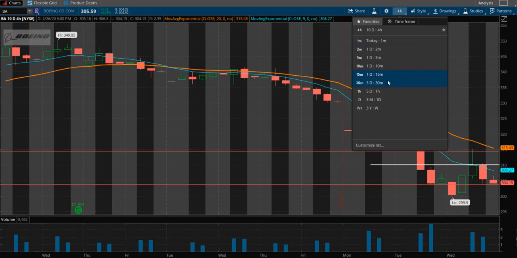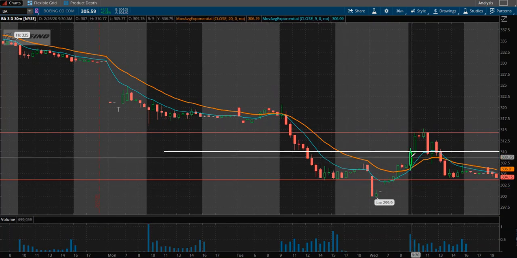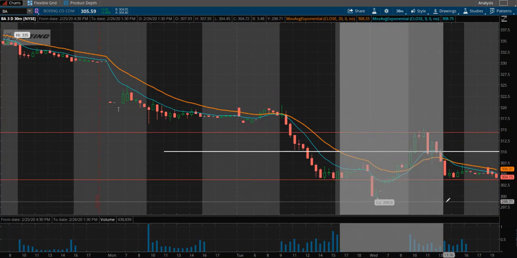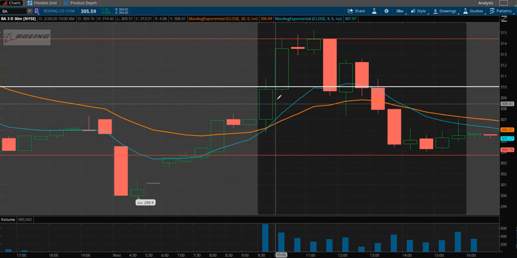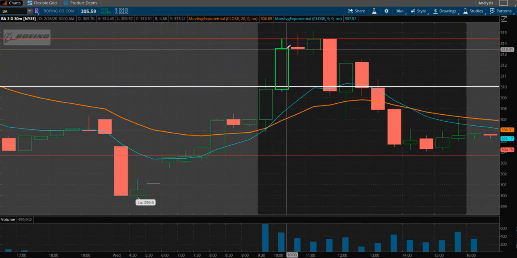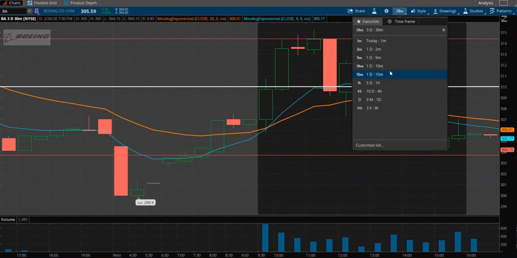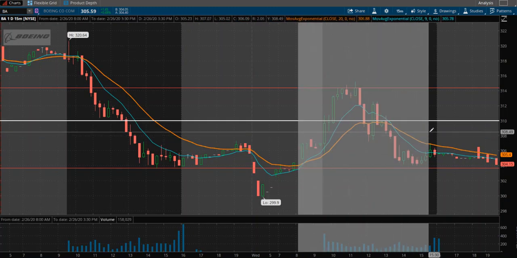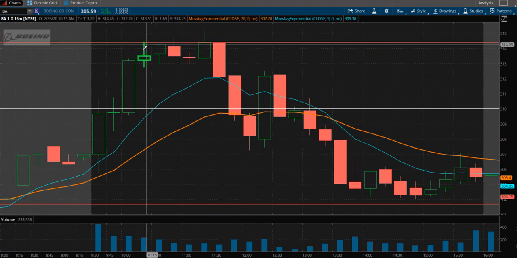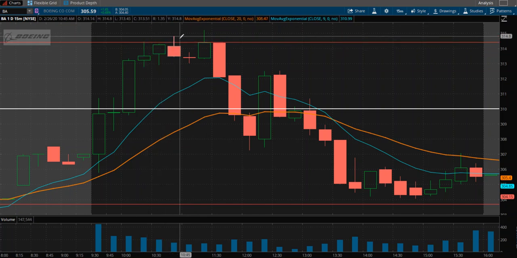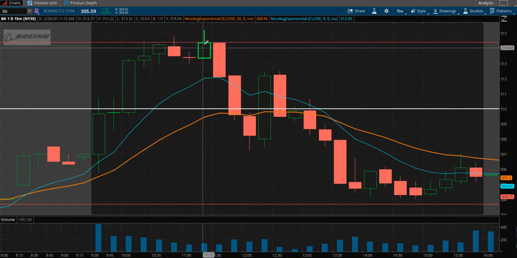So let's look at, let's say, the 30-minute time frame. Early today, nice 2 bullish trend bars up, and the 15-minute time frame shows right here it tried to break this level like 5 times. 1, 2, 3, this one was down, 4, 5.